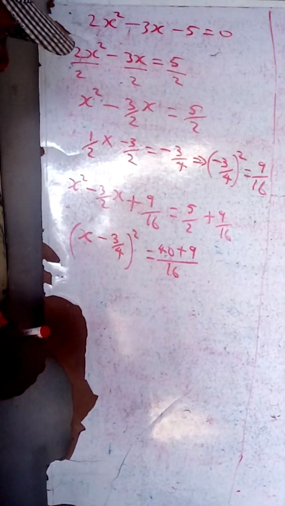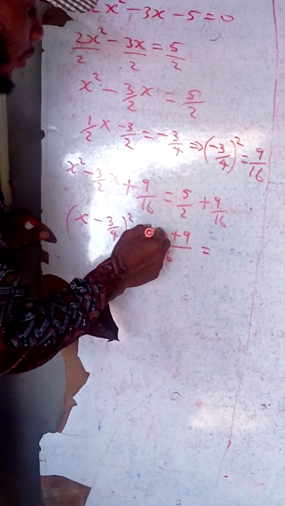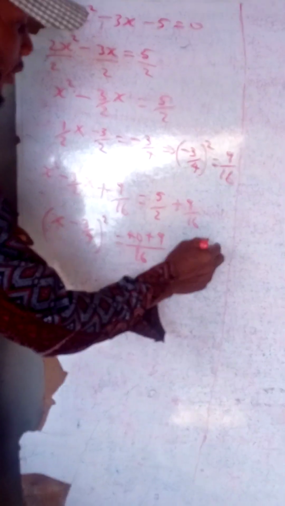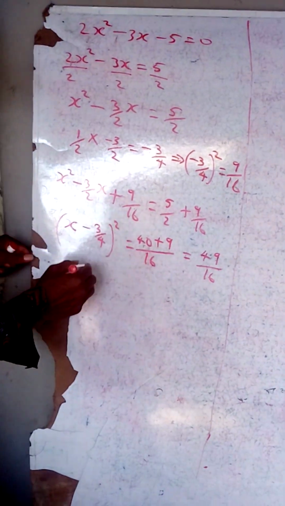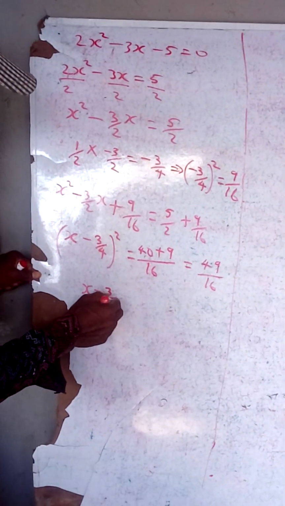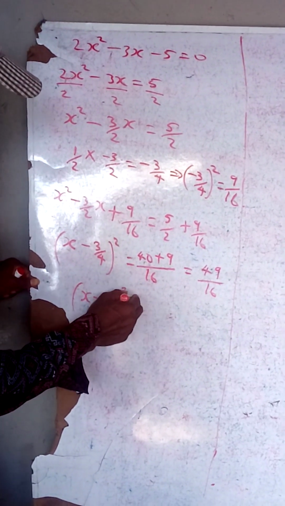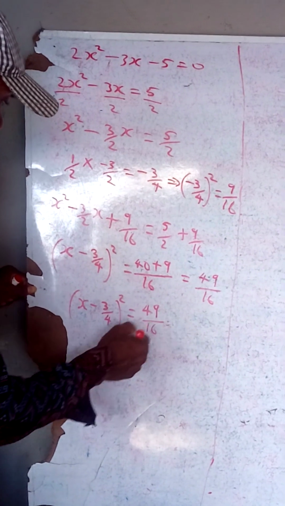Alright. So this is going to be 40 plus 9 is 49 all over 16. Alright, so we are going to have x minus 3 over 4 squared is equal to 49 over what? 16.